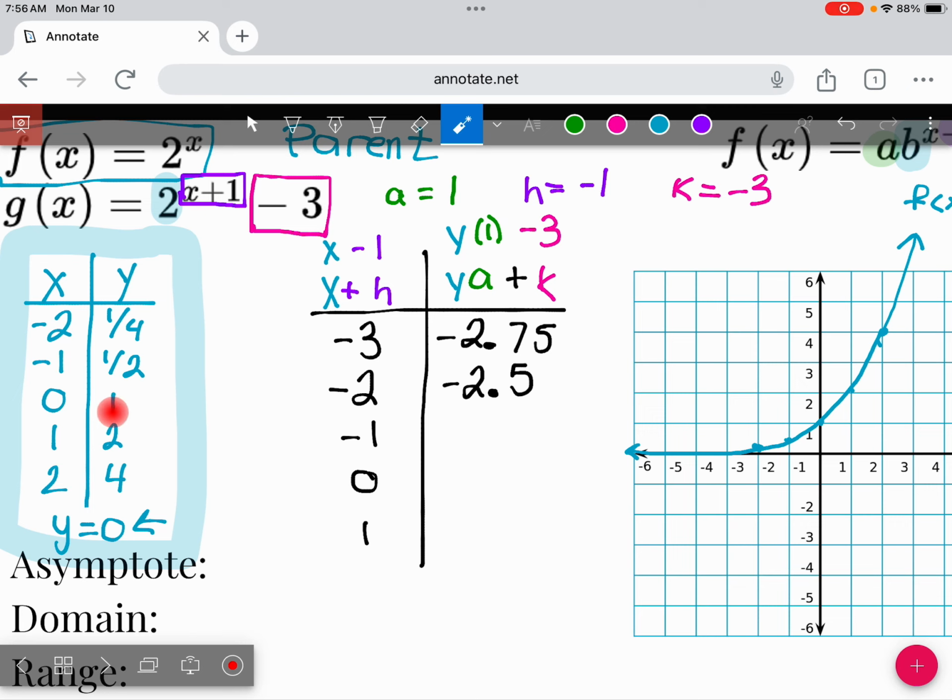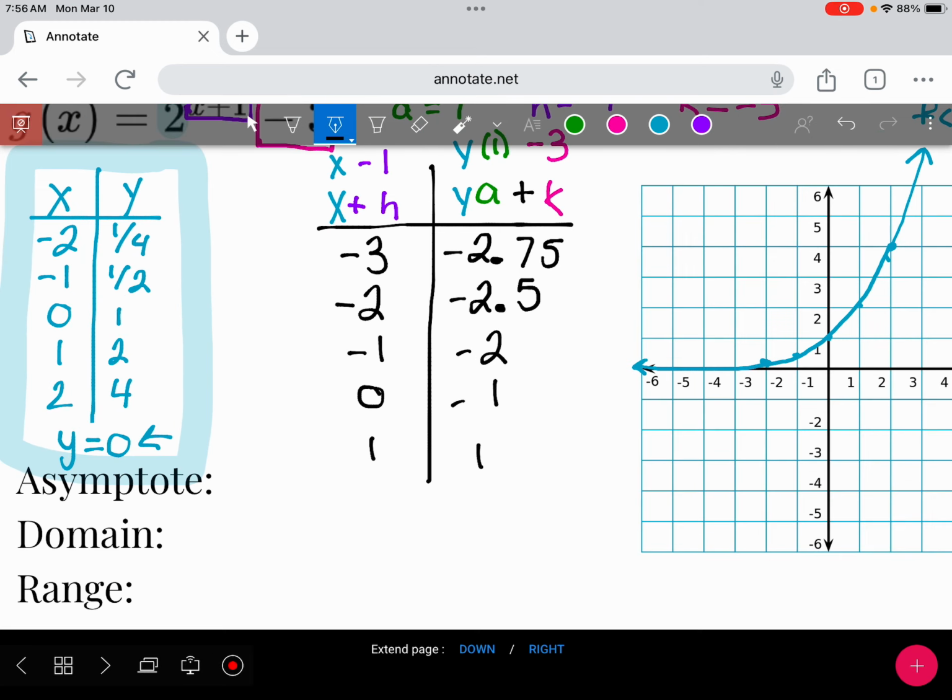Once we get down to this one, oh yay, we're out of fraction land. 1 minus 3, -2. 2 minus 3 gives us a -1. And 4 minus 3 is a +1.